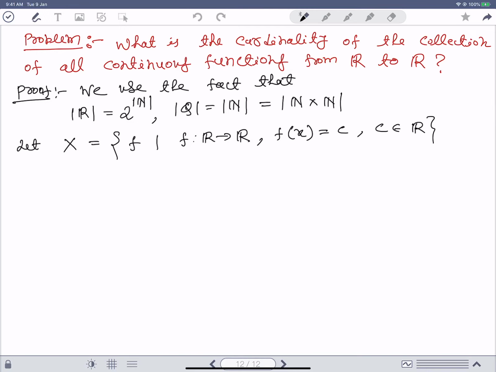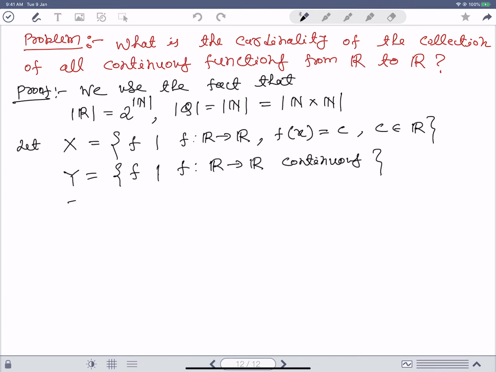Obviously we know that a constant function is continuous, and Y is the collection of the given one, that is, the collection of all continuous functions from R to R. So here my Y is all the functions f such that f is a function from R to R and continuous, right?